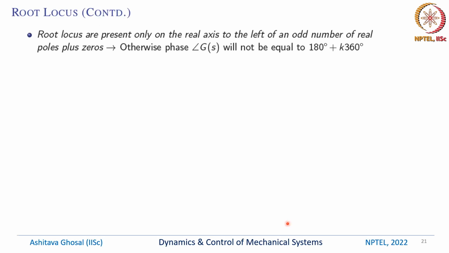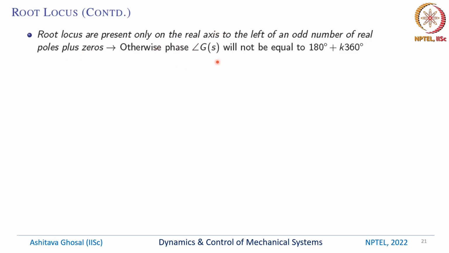The root locus is also present on the real axis only to the left of an odd number of real poles plus zeros.